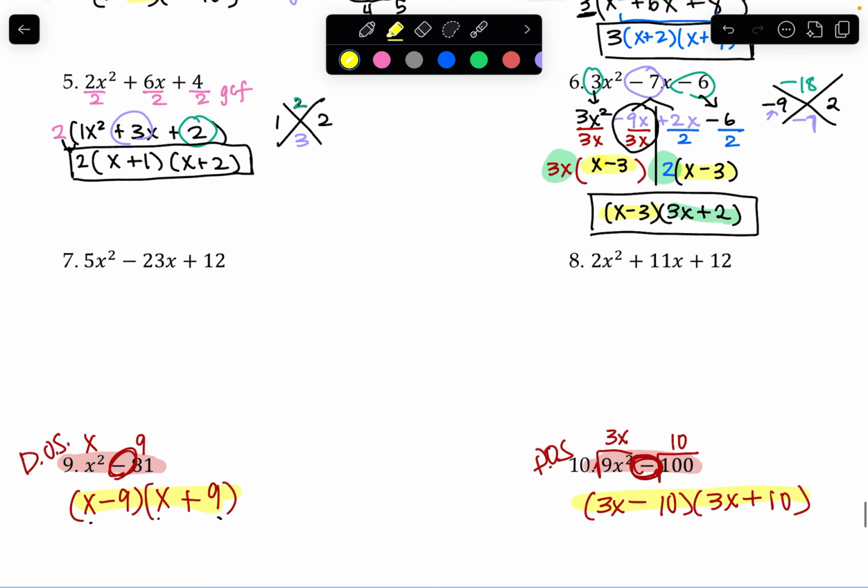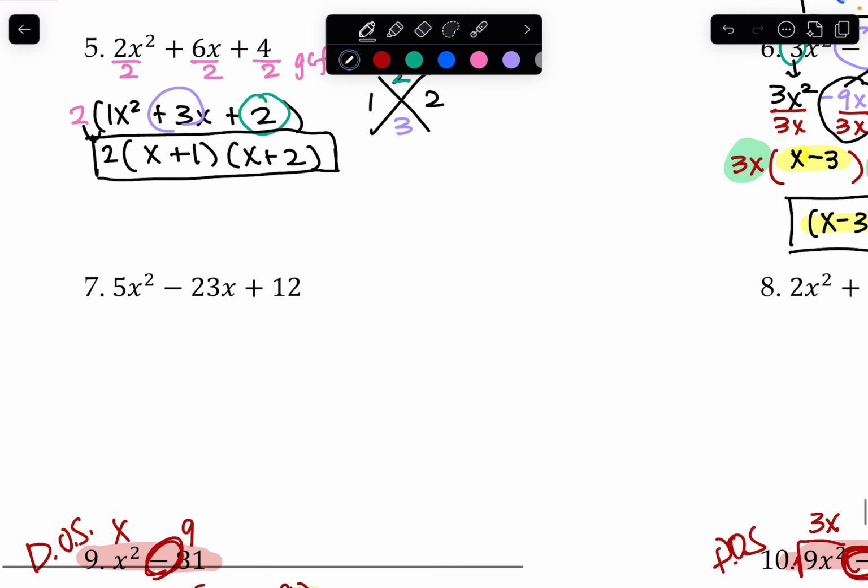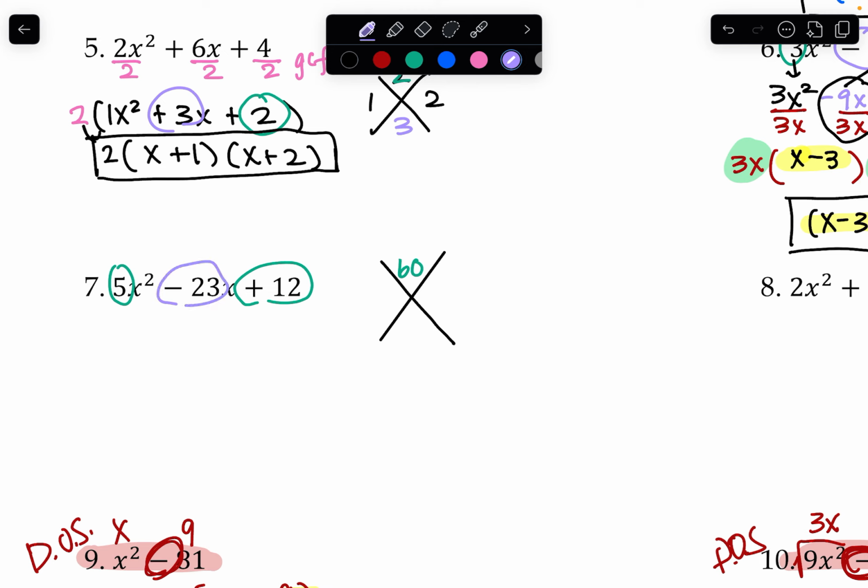Okay, 2 more. Here we've got a 5 as an A value, which does not divide 23 or 12, so we're kind of stuck splitting the middle and factor by grouping. So A times C, 5 times 12 is 60, and we need them to add to negative 23.